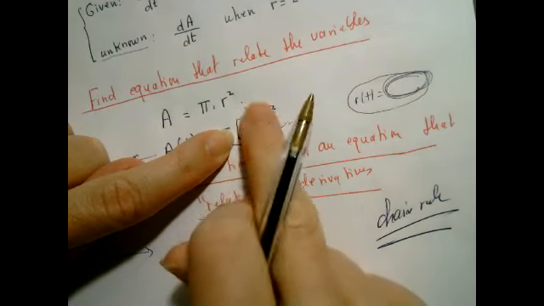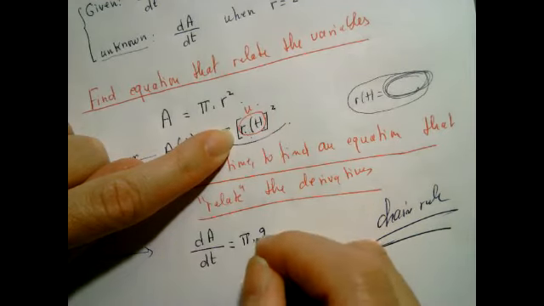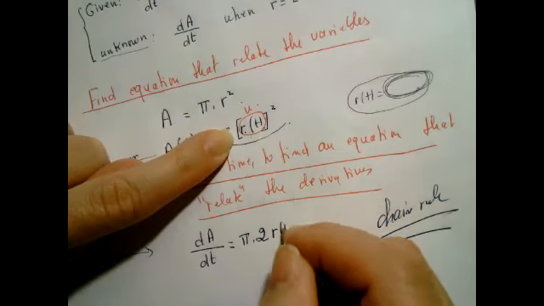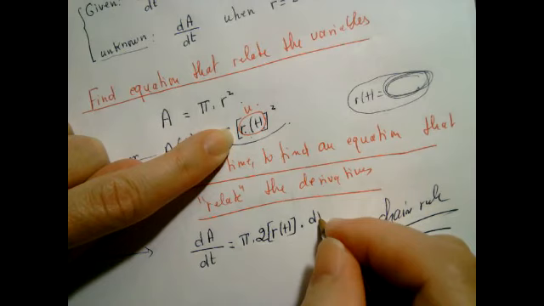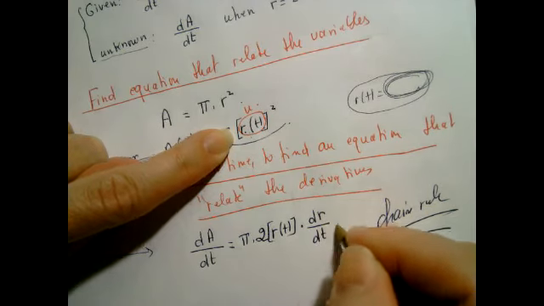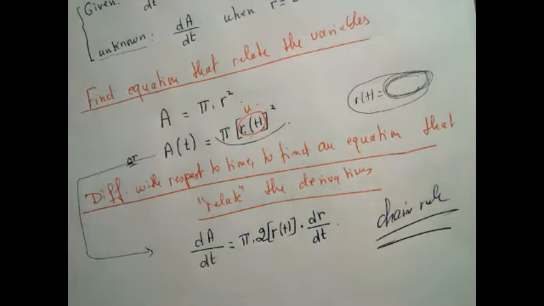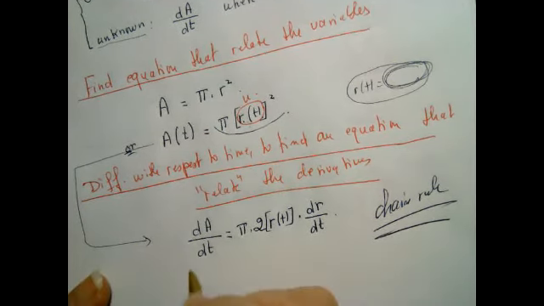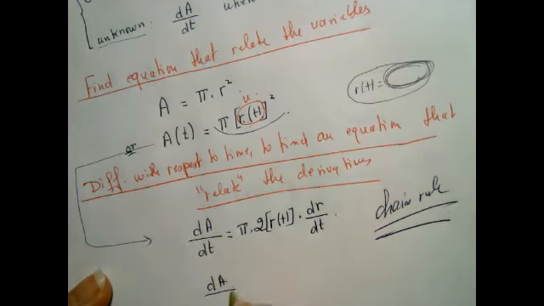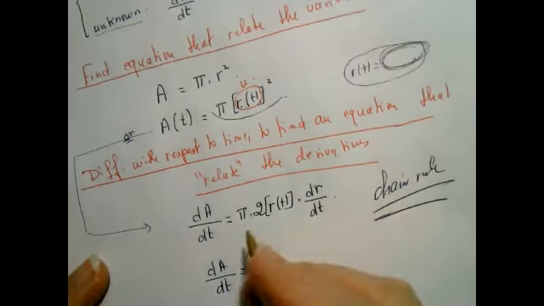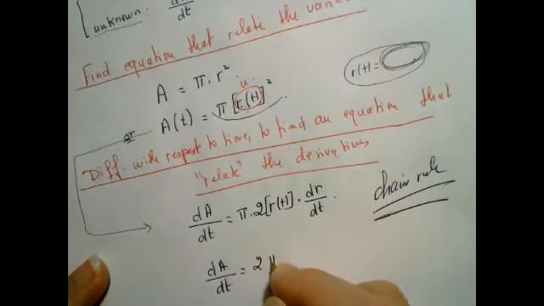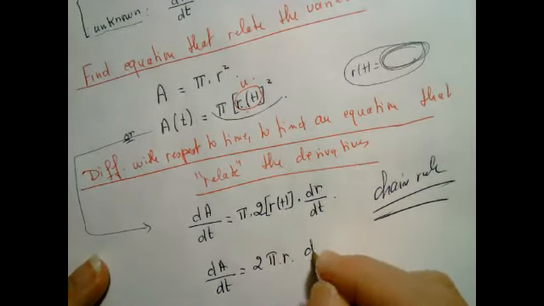So it's the derivative of u squared, which is 2 times r, times the derivative of the inside, but I'm going to write it dr/dt, because I want to emphasize it's how fast the radius is changing with time. Sometimes we can suppress the t here to make it a little bit easier, and this becomes 2 pi r times dr/dt.